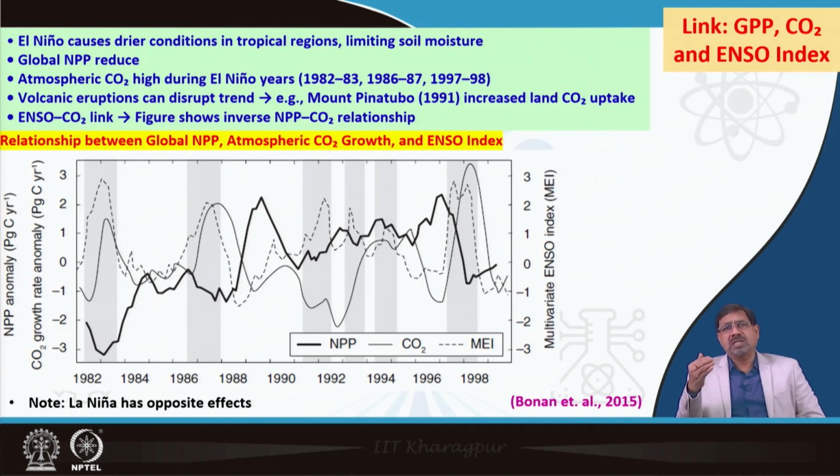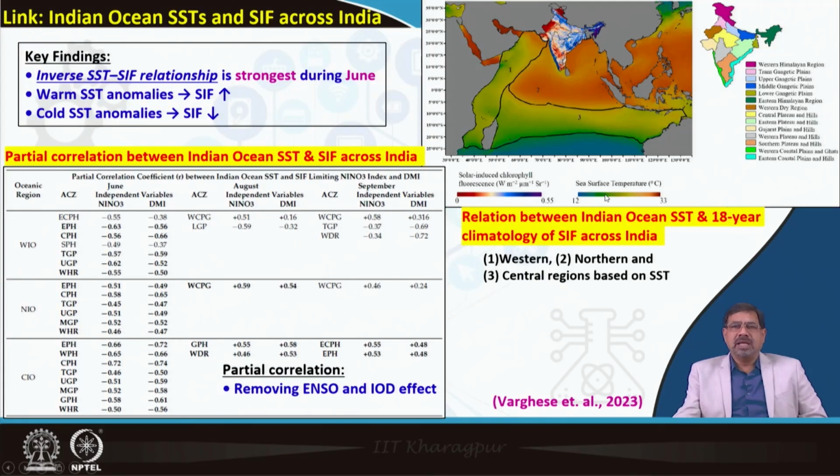We need to understand more to unravel the tripartite relationship between these three variables. There is a note at the end: La Nina has opposite effects in contrast to El Nino. This also has been picked from Bonan et al., which has been mentioned at the end of this lecture.